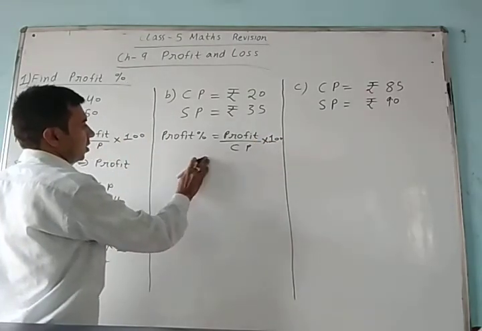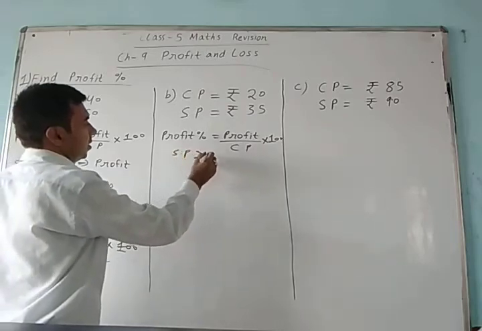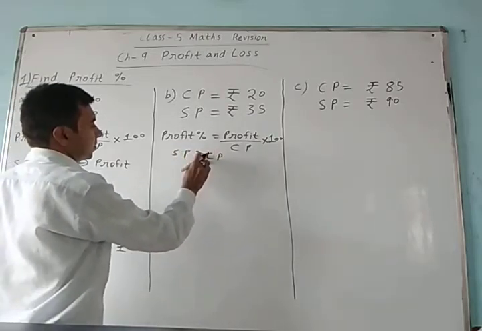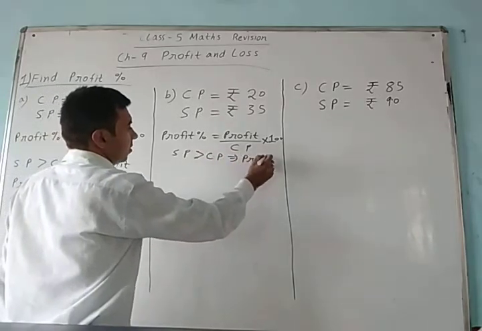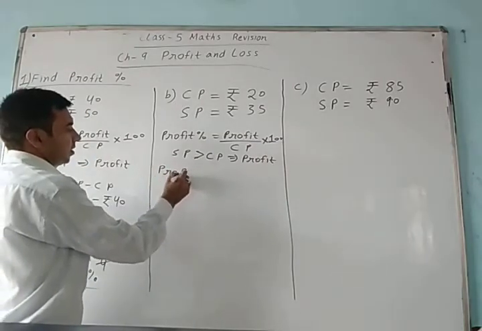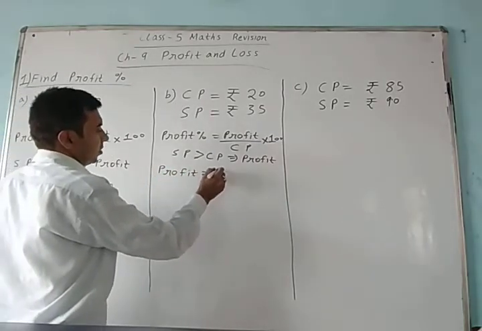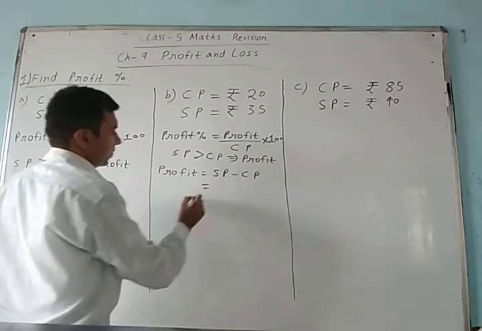Now students, see here, selling price is greater than cost price. So it is profit. And student, profit is equal to selling price minus cost price.